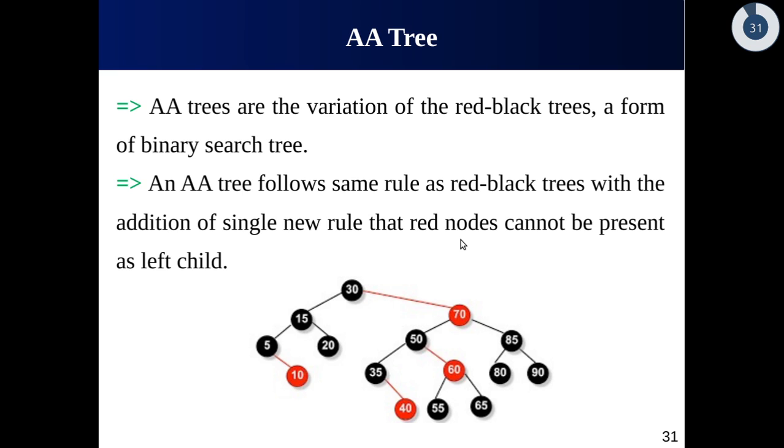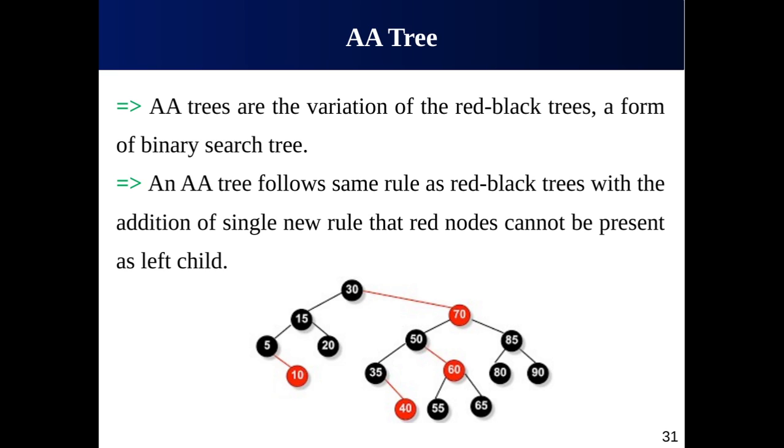The second last tree is known as the AA tree. In the red black tree we have a limitation: when you perform different operations like insertion, deletion, etc., you will see many rotations are possible inside the red black tree.